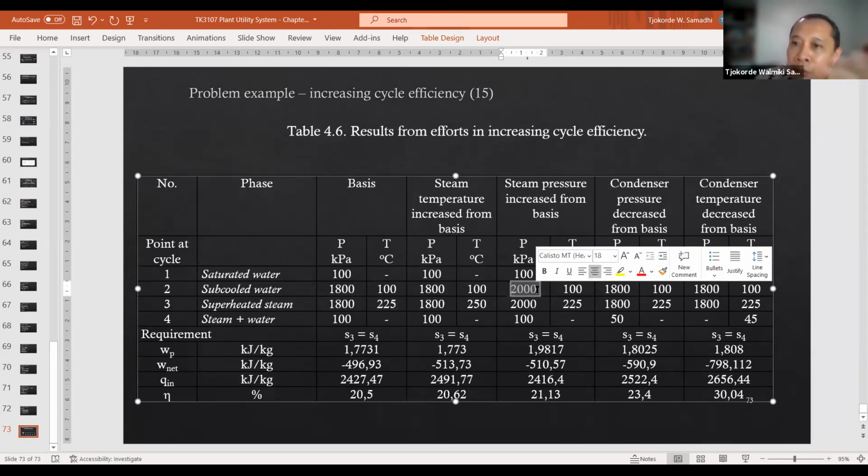Again, we're only changing it by one number and so on. Now, of course, you can do this using many variations. And if your variations is large enough, then you can construct some sort of graphical representation of the thermodynamic efficiency, so you can pinpoint which combination of condition will give you the optimal, the highest thermal efficiency.